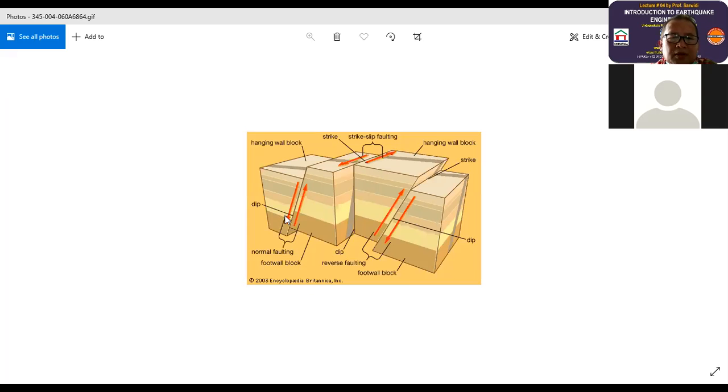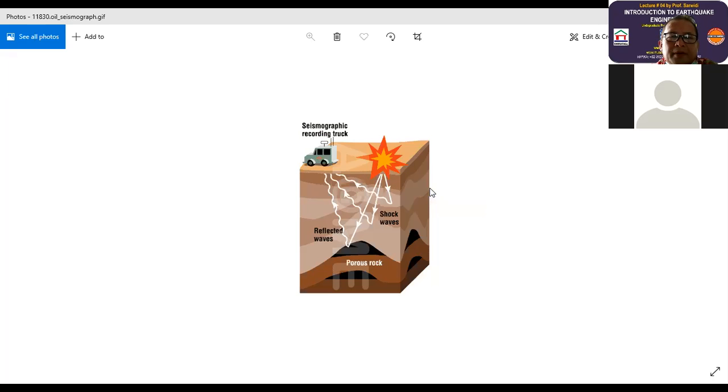Going deep here, then there is a moving up, the hanging block here, and this is normal faulting. This is what we call strike-slip faulting, and this one is reverse faulting.